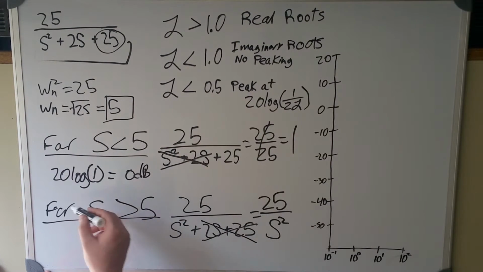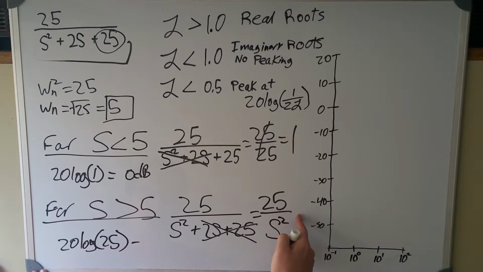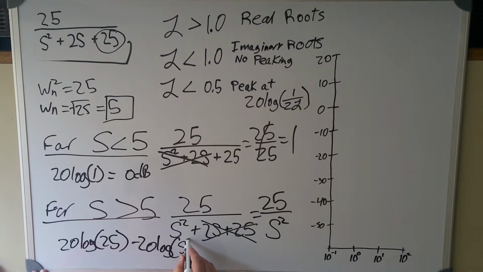That will transform into 20 log 25 minus, because of the division here, 20 log s squared. That turns into just log properties. The squared pulls out in front and becomes a 40 out here, just becomes multiplied. So that's 40 log s. So then let me clean this up a little bit and proceed to the next step.